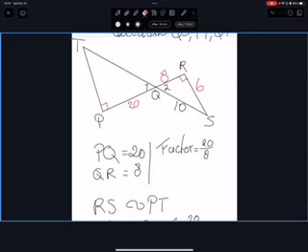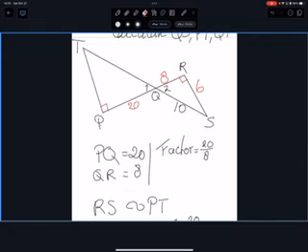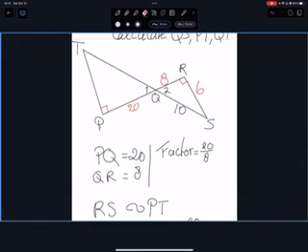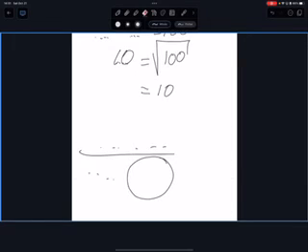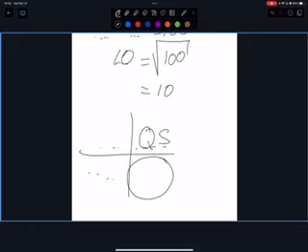Which one represents which? QS is also QT, or the other way around? QT? Yes, you can use that one. That goes over here. QS represents QT. All right.